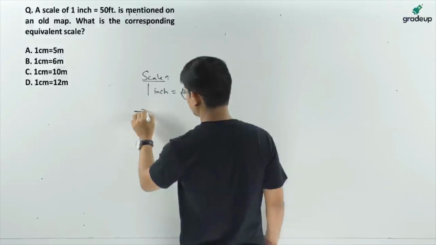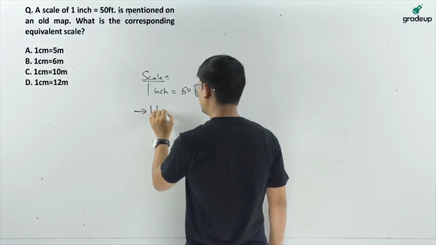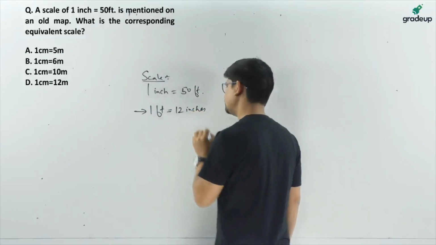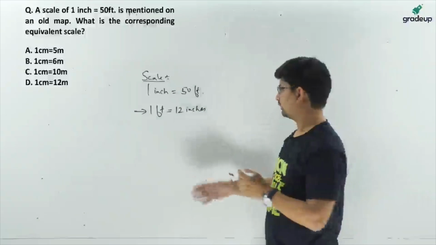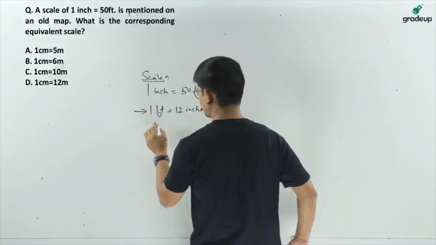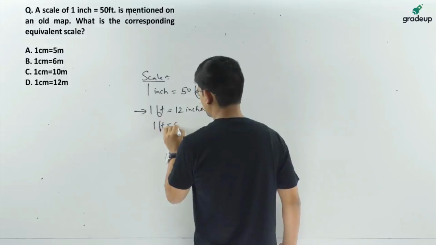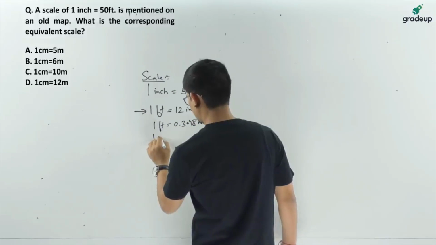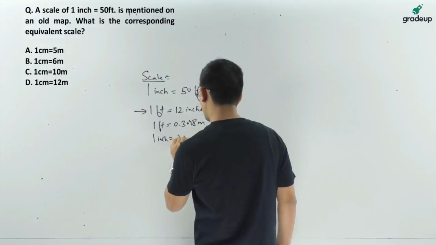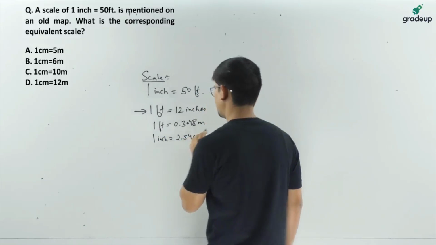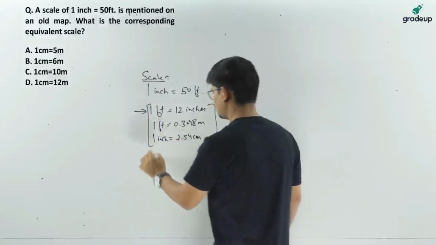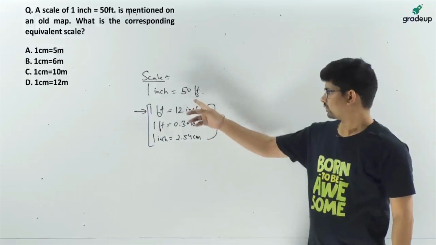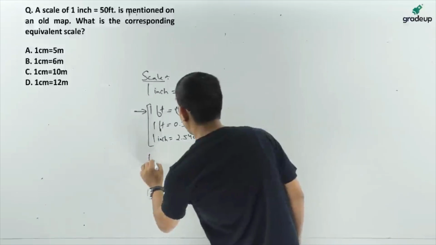So 1 foot has 12 inches. Okay, also I would like to add additional information here. 1 foot is equal to 0.3048 meters and 1 inch is equal to 2.54 centimeter. Okay, this is some additional information you can note down. Okay, so now coming back to the question.